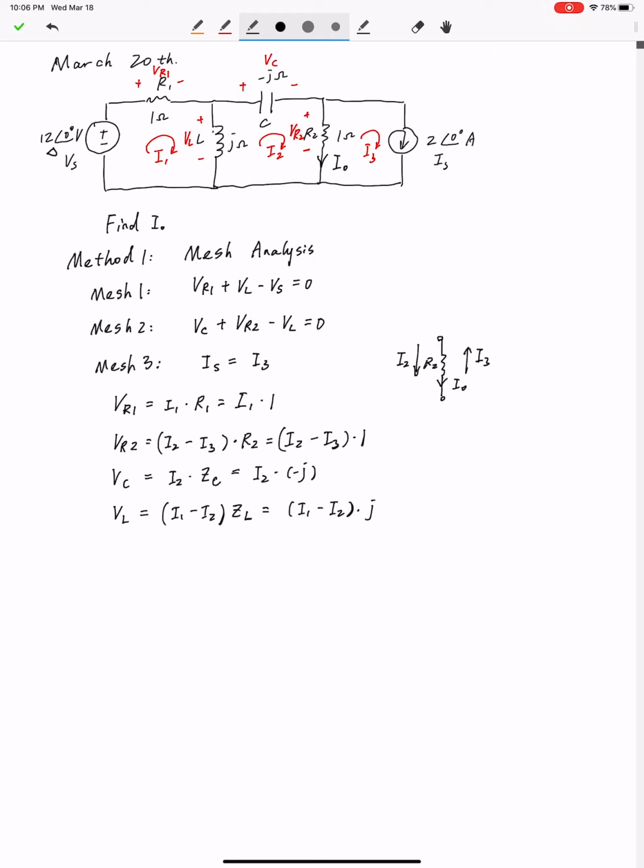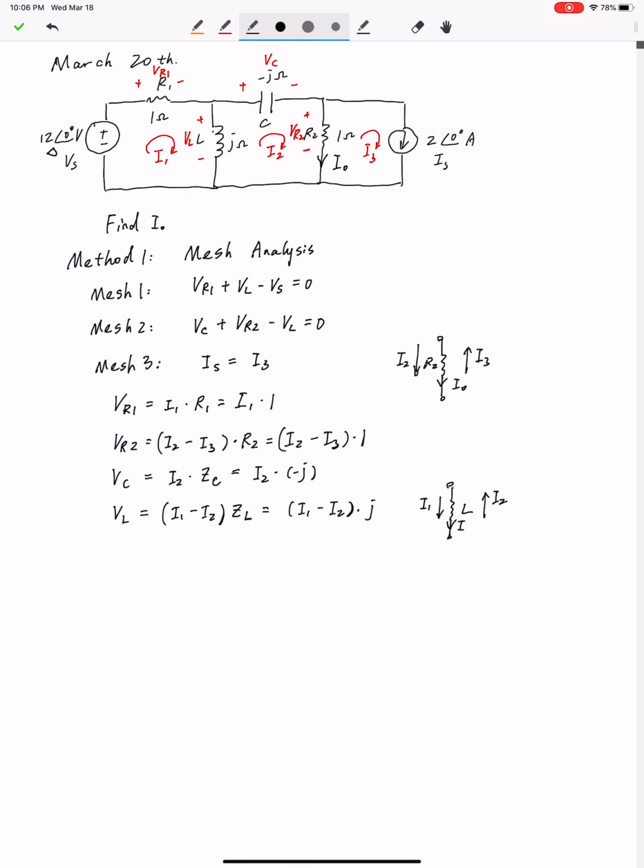The current flowing through the inductor is similar to the situation of R2. For this inductor, the left-hand side is I1, the right-hand side is I2, and based on our predefined voltage polarity, the positive side is the top side, which means the current flows from top to bottom.